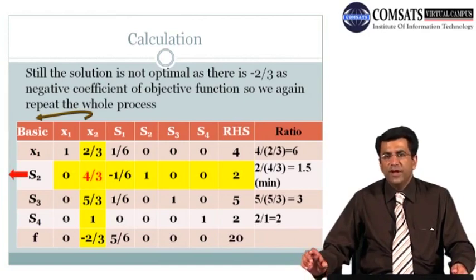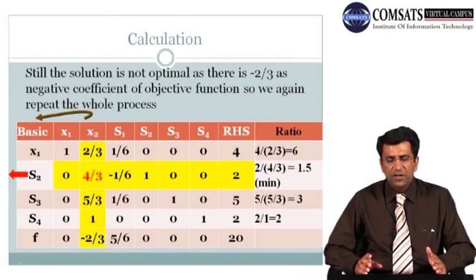Then we will find out what is the minimum ratio value. In this particular case, the minimum ratio value is 1.5. So against this value of 1.5, the corresponding row will be our pivot row. So this is our pivot row for this particular table. So we have identified the pivot column again.